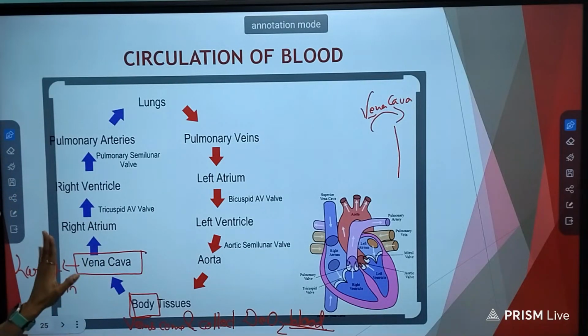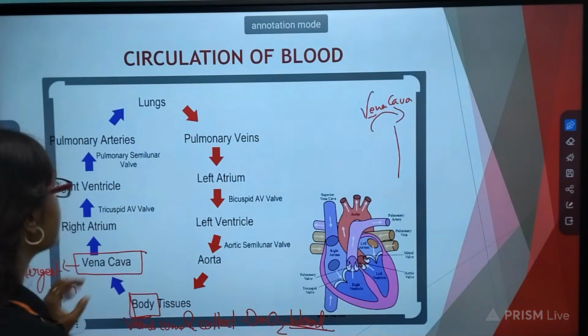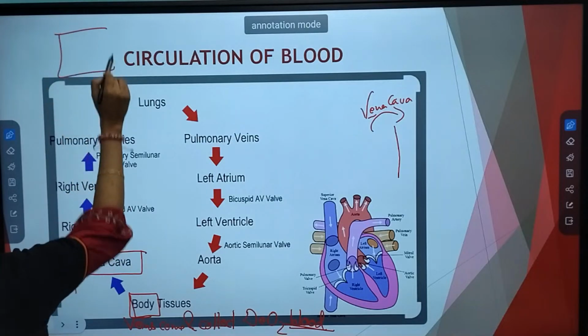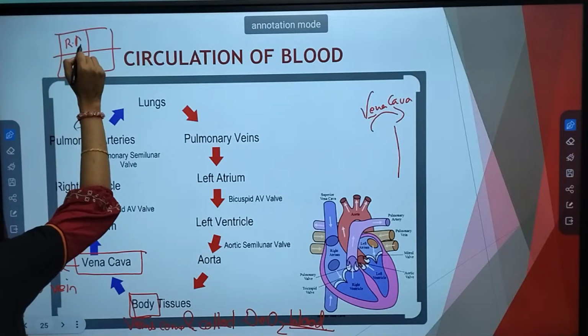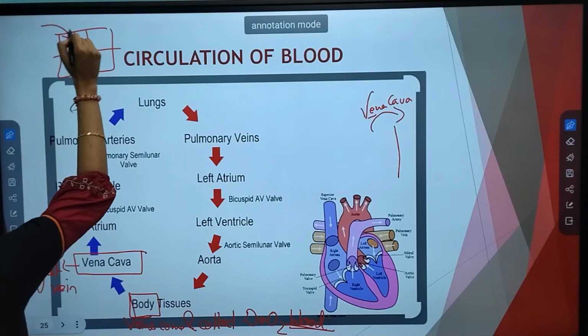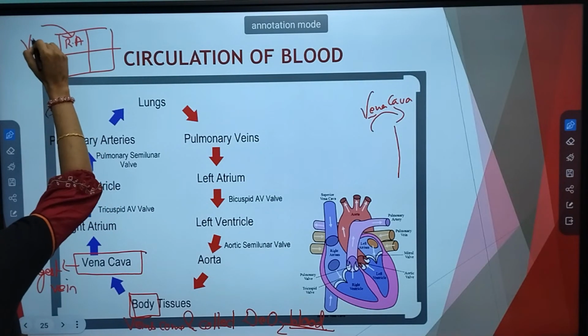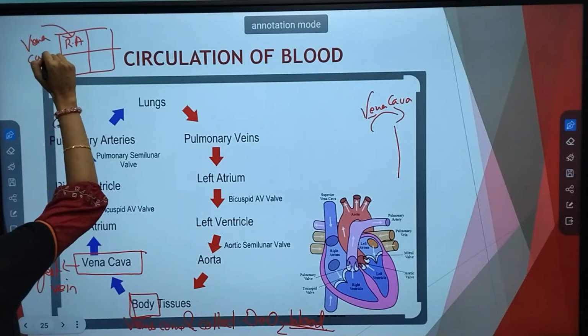First from the vena cava, it will go to the right atrium. Because if I draw the sketch, the right atrium is the first chamber of the heart, and it is reached through the vena cava.